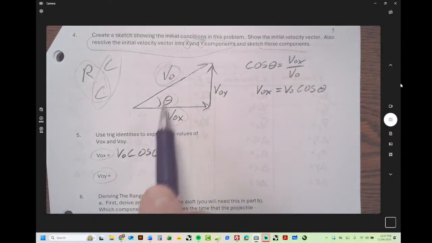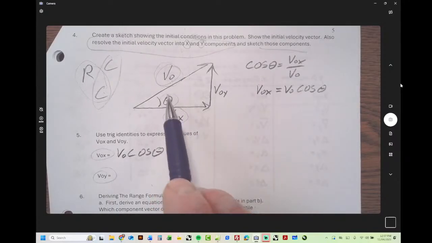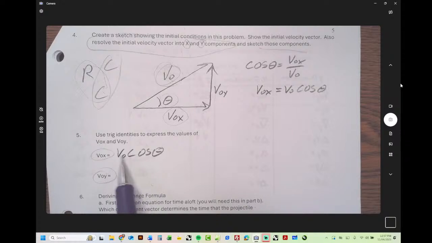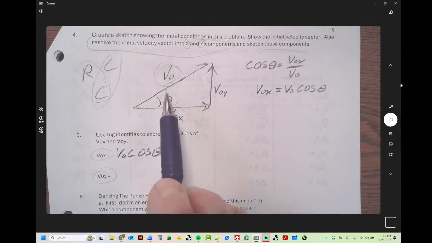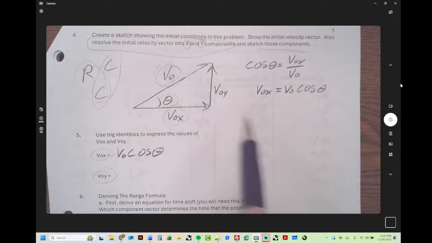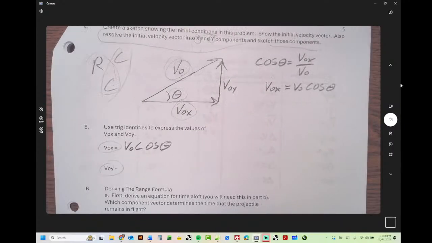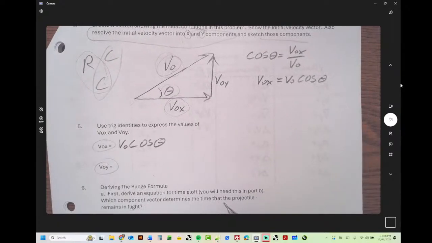So if you need to shoot a projectile at 8 meters per second at a 40-degree angle, you can figure out the x velocity by multiplying that 8 meters per second times the cosine of 40, and that'll give you this x velocity, which will be constant throughout the entire flight. So the y velocity is going to be, you could probably guess it, v0y, v0 sine theta.